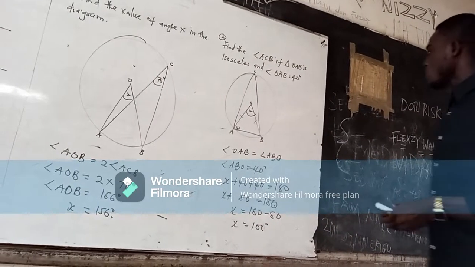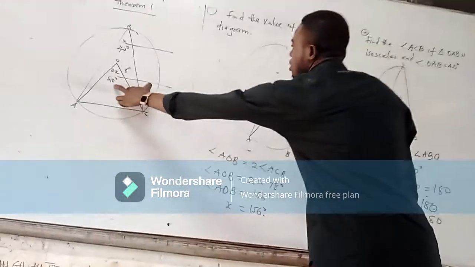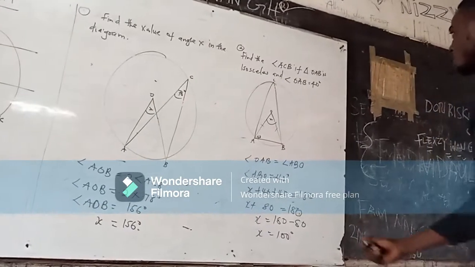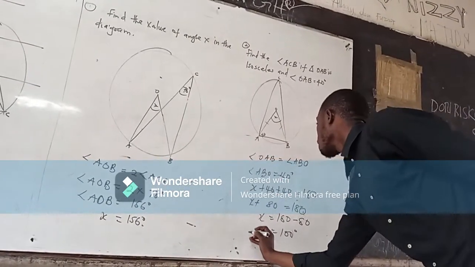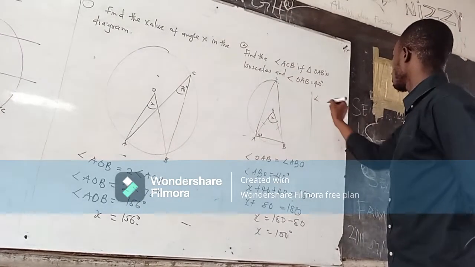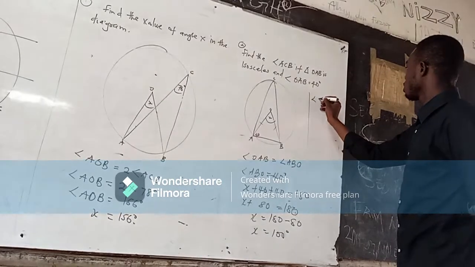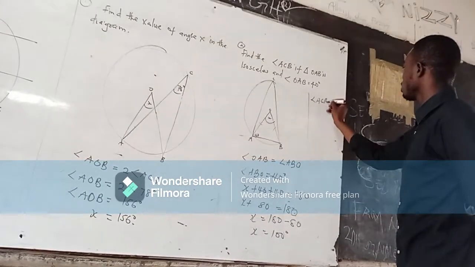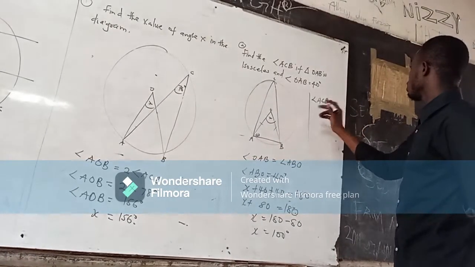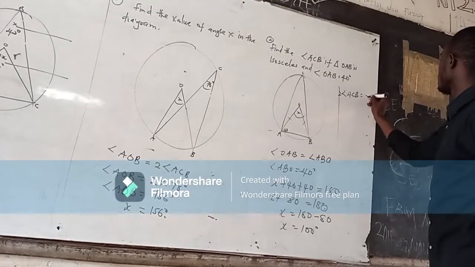So x is equal to 100 degrees. So once you have this angle to be 100, the rule is saying that always this one is 2 times of this one. So you just say that angle ACB is equal to 2 times of this one, 2 times of this one is equal to x.